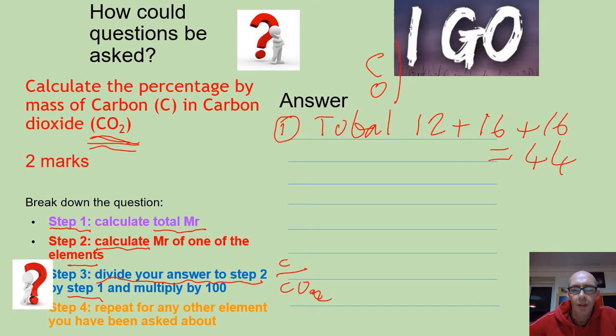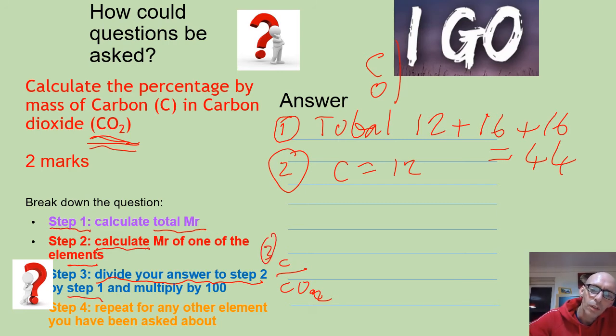Okay, so now we go on to step 2. So step 2, carbon. There's only one of them in there, and that has a mass of 12. Step 3, divide your answer. So this one here, I had 12 divided by 44. Obviously your writing will be a lot neater than mine.